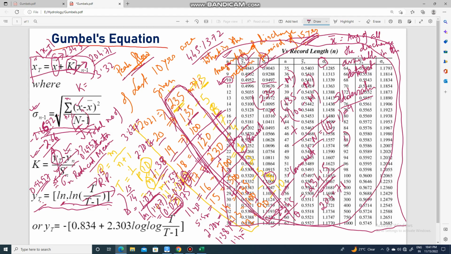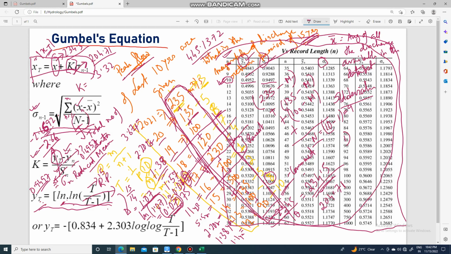Now your question is, what is the magnitude of discharge which will have a return period of 15 years? Correct? So this problem can be solved by Gumbel's equation and many other types of equation.